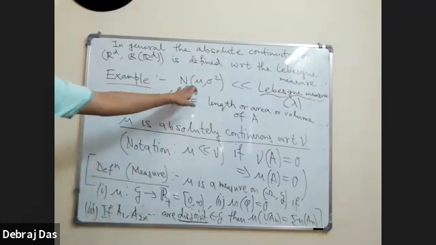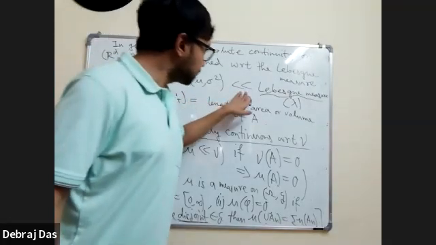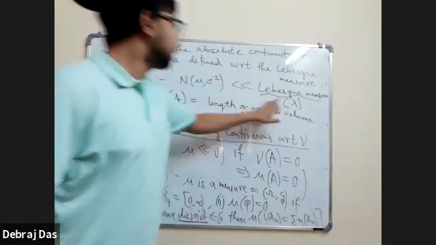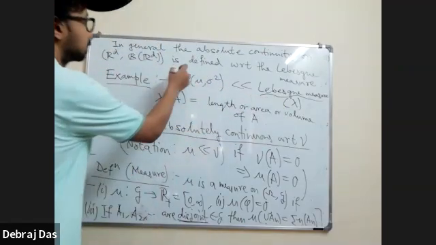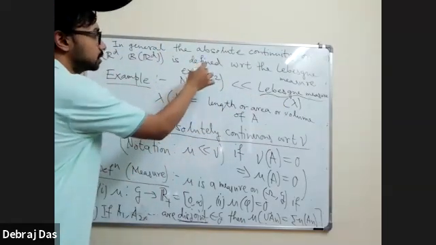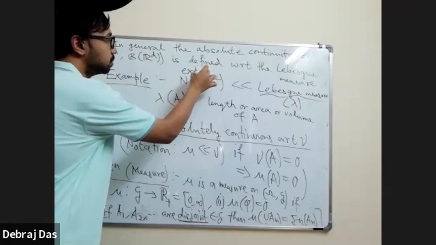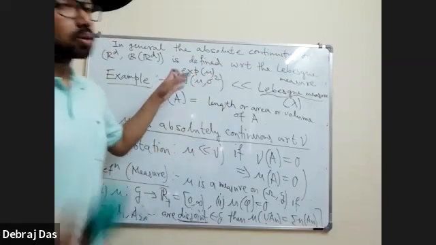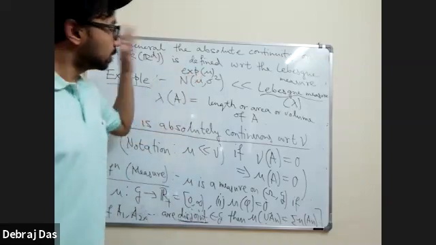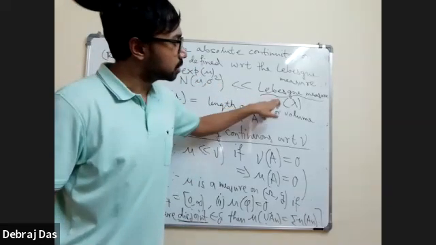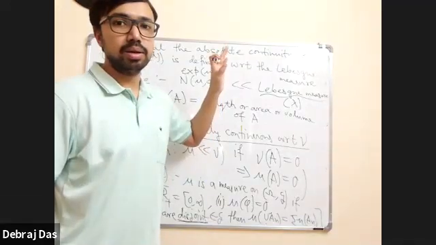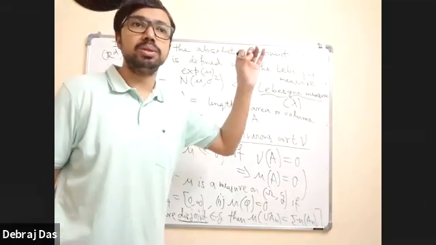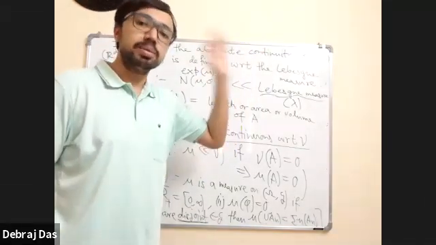So normal distribution is absolutely continuous with respect to Lebesgue. Similarly, the exponential. All the continuous distributions that you have seen before are actually absolutely continuous with respect to the Lebesgue measure. Those are not only continuous; those are absolutely continuous.